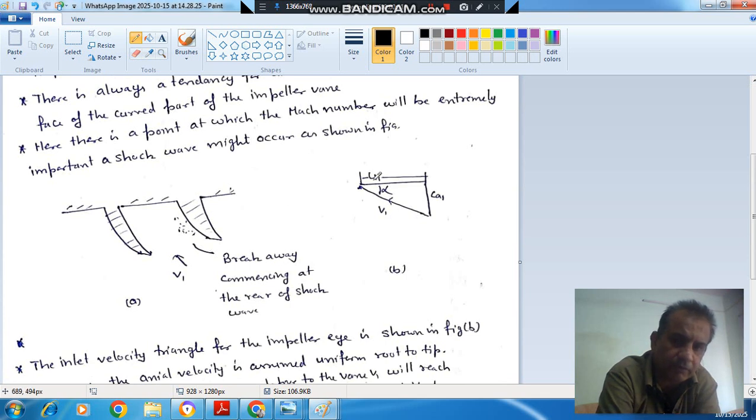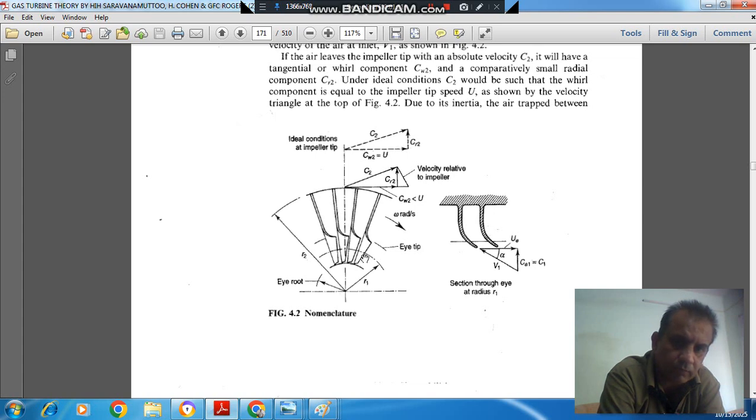At the I tip we drew a velocity diagram. This was the inlet speed of the impeller at the I tip, and this was the axial velocity. Air is entering here, and in this whole passage at the tip the velocity of air is uniform, and at the tip the velocity of the impeller is maximum.